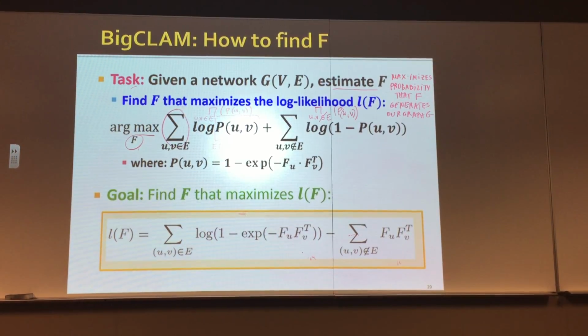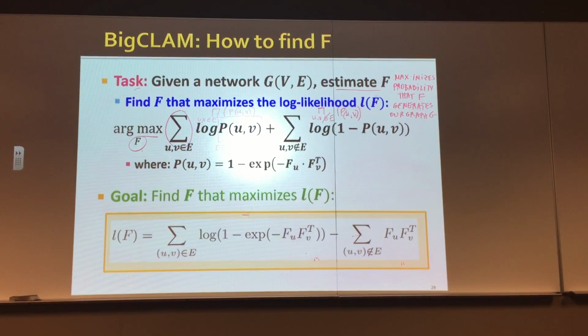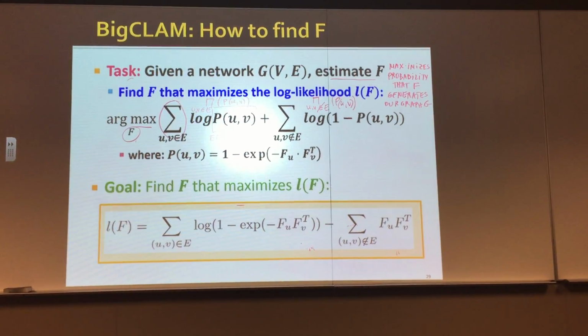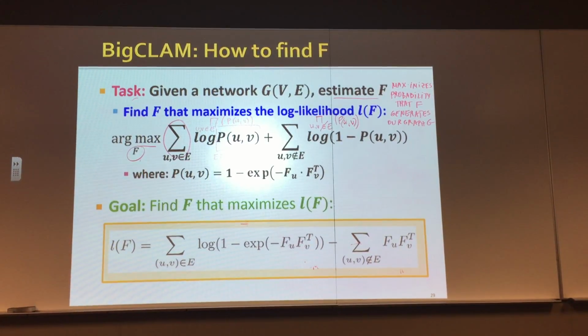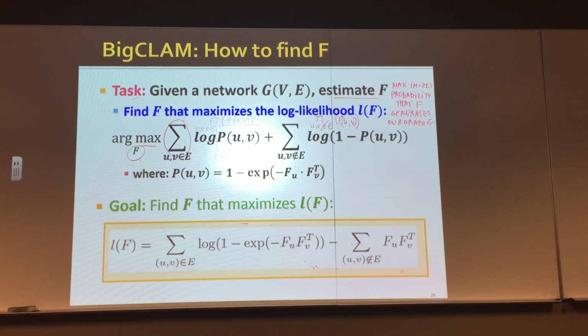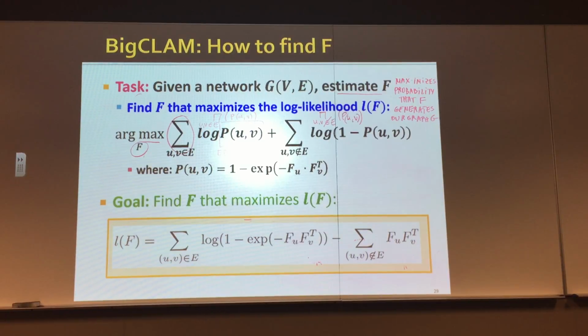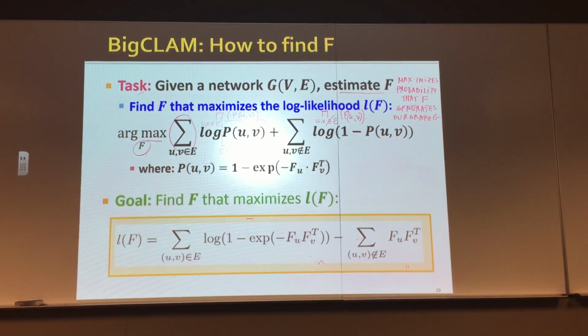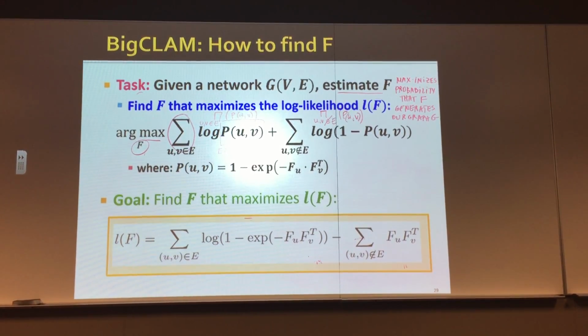It's called log likelihood because we take the log. Taking the log of products, all the products become summations. It simplifies to a sum of logarithms, and we have smaller errors. Otherwise, if we multiply them, the numerical errors add up. But the idea is that we're looking for the maximum likelihood, the most likely matrix F that's going to generate our graph.